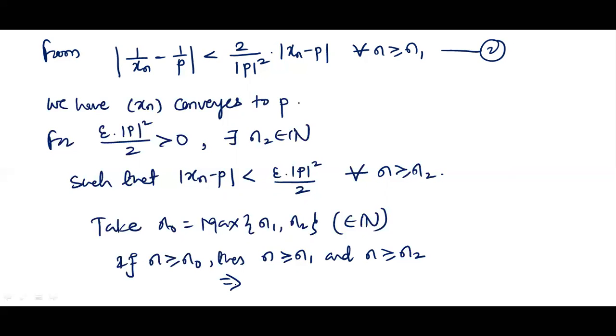by combining these two, we can write mod of 1 by xn minus 1 by p is less than, since n is greater equal n1 as well as n2, 2 by mod p square into epsilon into mod p square by 2.